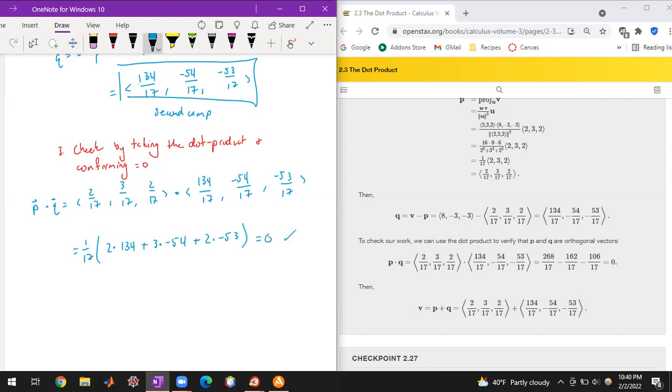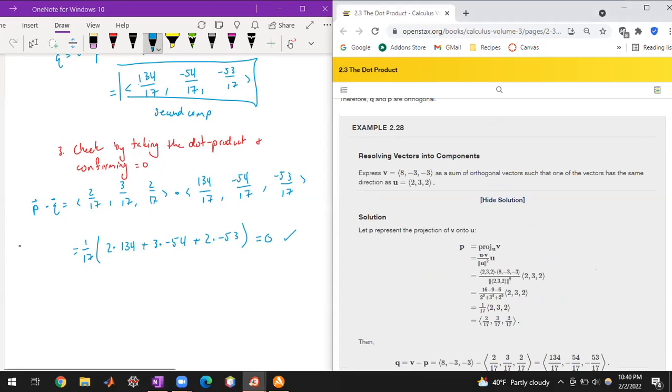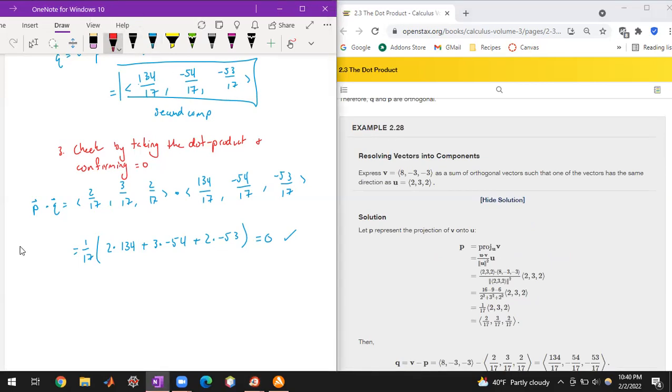Okay. And does this actually, it said to express it, right? Yeah, it said to express the sum. So we're literally just going to write v equals p plus q.